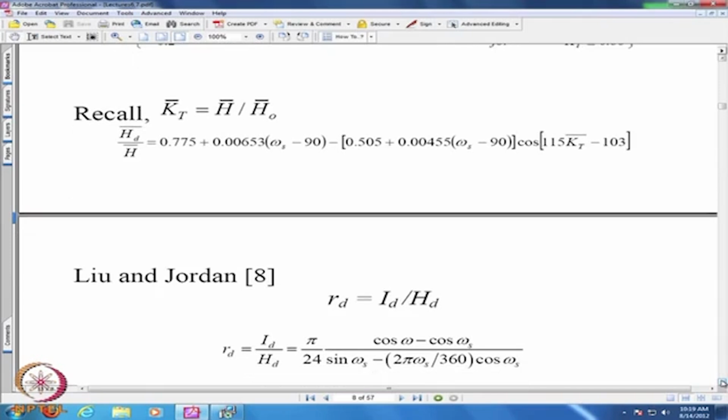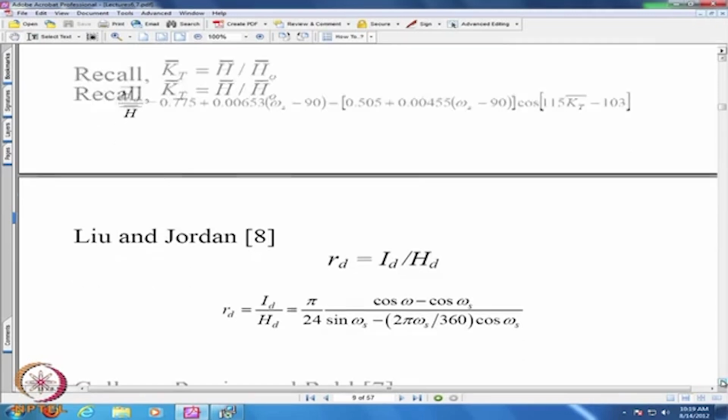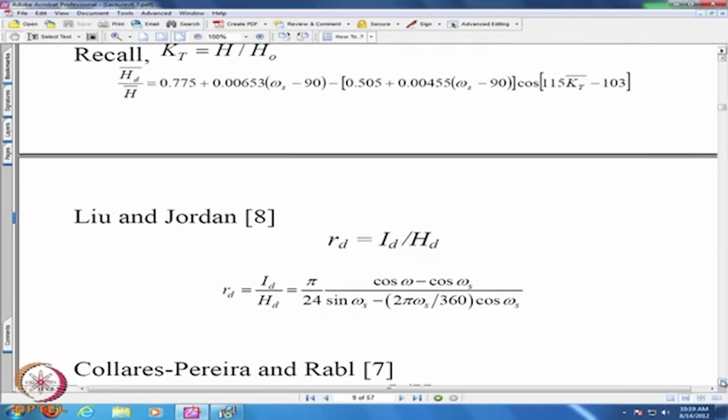And subsequently Liu and Jordan, not necessarily in chronological order, it is a matter of detail, the ratio of hourly diffuse radiation to the corresponding total diffuse radiation over the day, Id by Hd, has been simply expressed as a trigonometric function in terms of the hour angle omega and the sunset hour angle omega s.